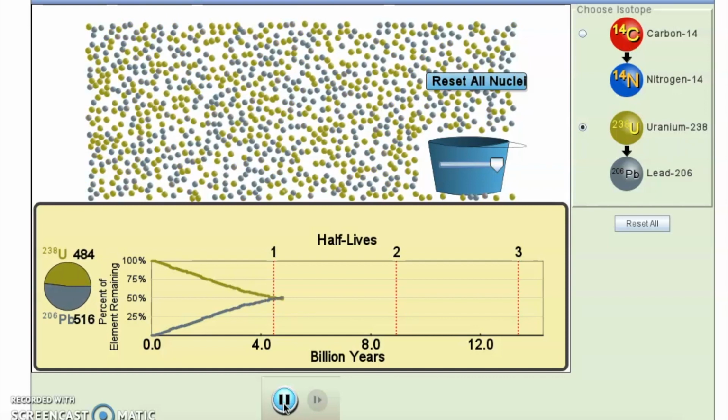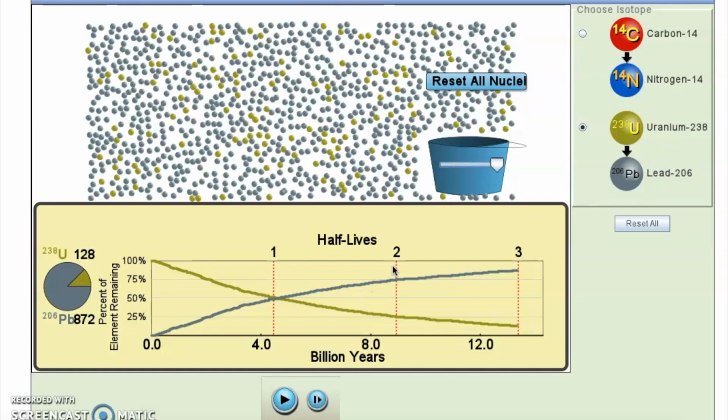And here we've reached about halfway, 4 billion years in, we're about halfway transitioning from uranium to lead. Approaching 8 billion years, we're just about at a quarter. And if we let this run long enough, indeed, all of those uranium particles will end up decaying into lead particles.